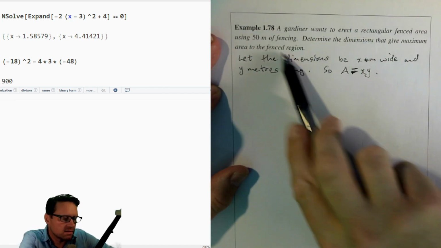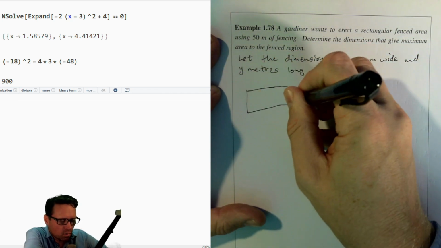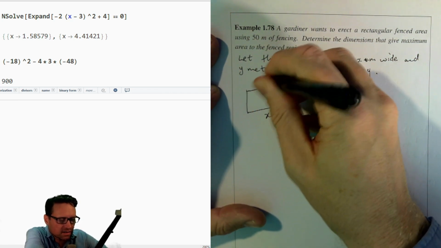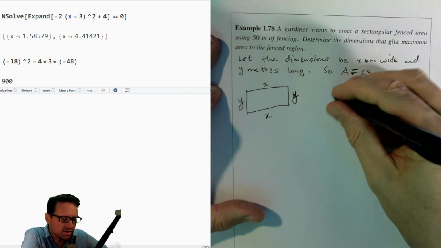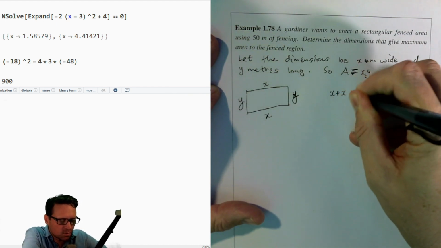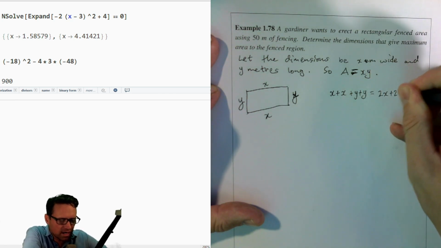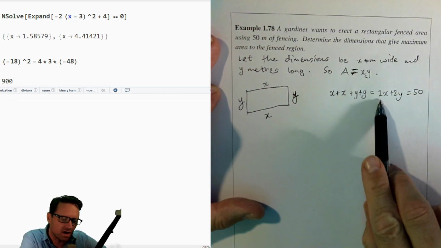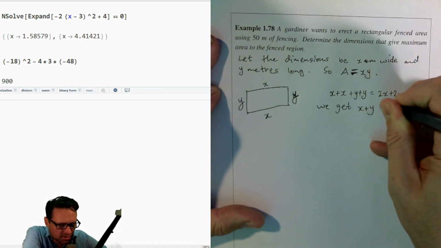Okay, now in the sentence here, we read, and it helps to have a picture of this. We have y there, we have x here, we have x here, we have y here. So we read that the perimeter here, so in other words, x plus y, which is 2x plus 2y, that's 50. Okay, so dividing throughout by 2, we get x plus y is 25.